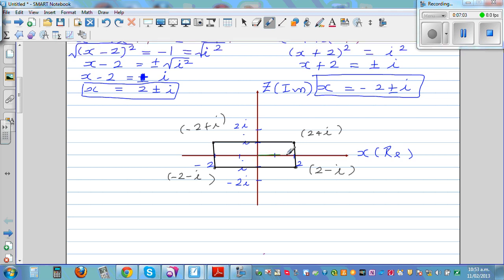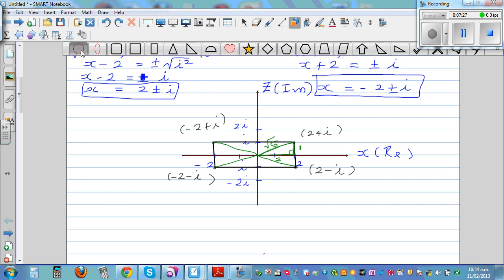Let me draw a right angle triangle. This is 2 and this is 1. Using Pythagoras, this will be root 5. In the same way, this will also be root 5, this will also be root 5, and this will also be root 5. So you can draw a circle passing through them.